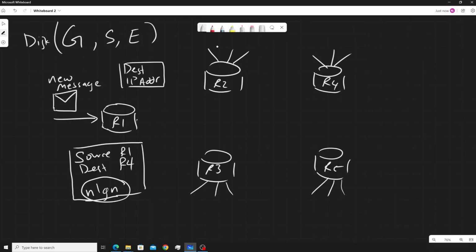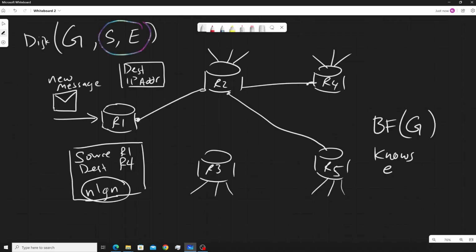It will know that one as well because it knows every shortest path. Which makes it much more applicable for the internet because you run Bellman-Ford every now and then in order to keep your tables refreshed. Whereas with Dijkstra, as soon as the message arrives, you need to pay that n log n.